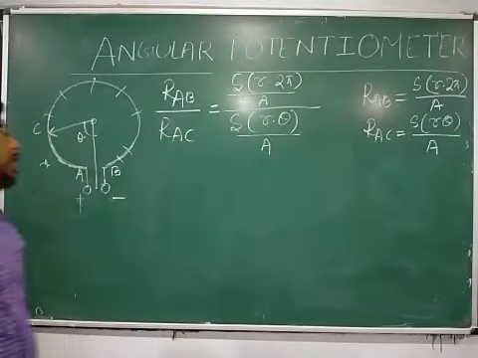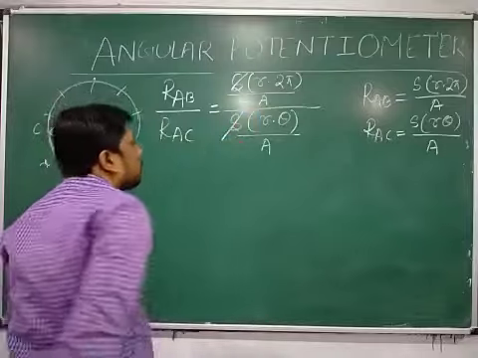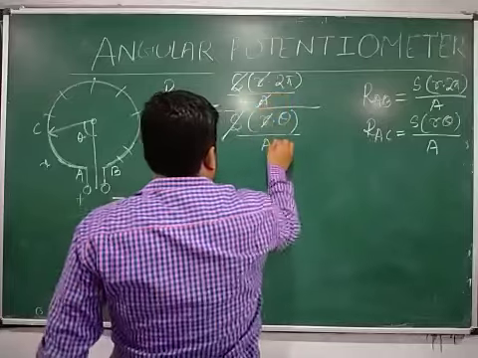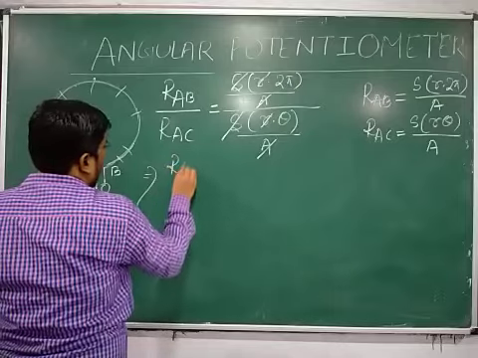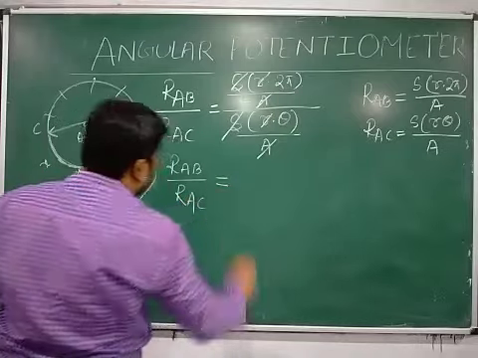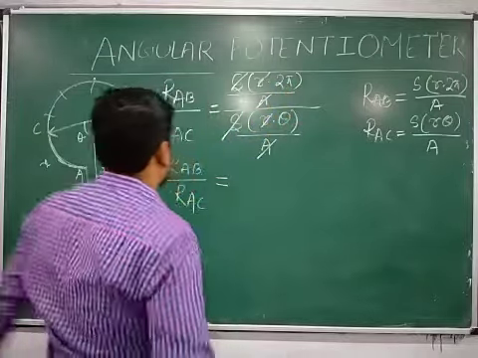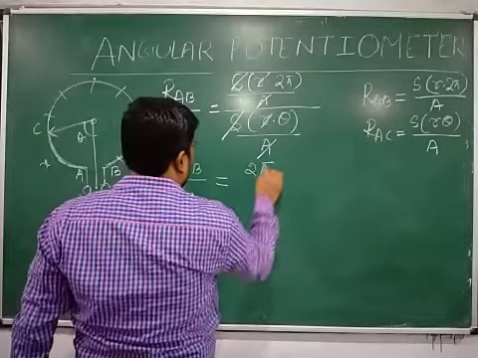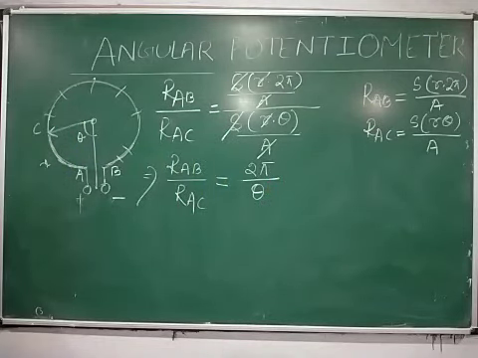Clear? Are you understanding? Now which terms are cancelling out? S will cancel with S. R and R will cancel out. Capital A will cancel out. So the remaining part will be RAB divided by RAC equals 2 pi divided by theta. Clear?